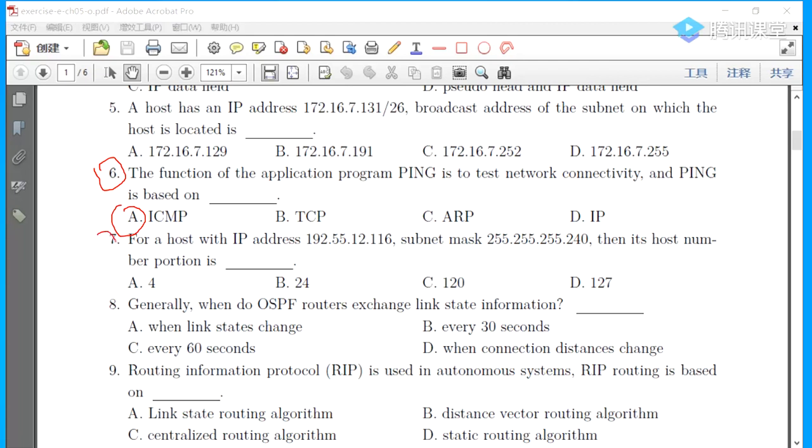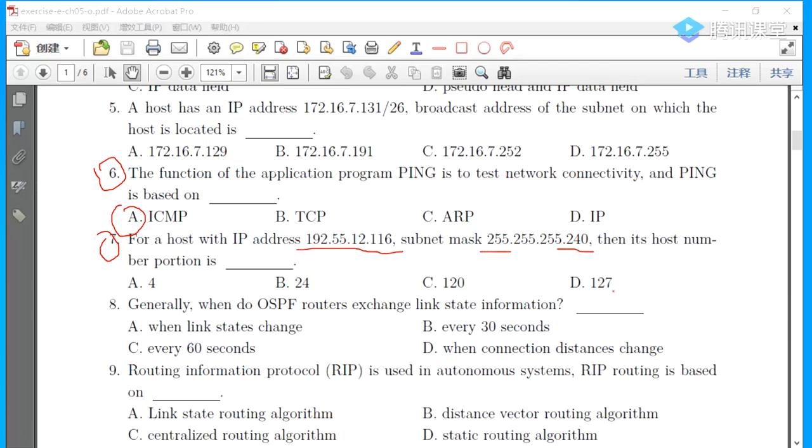Question 7. For a host with the IP address 192.55.12.116, the subnet mask is 255.255.255.240.